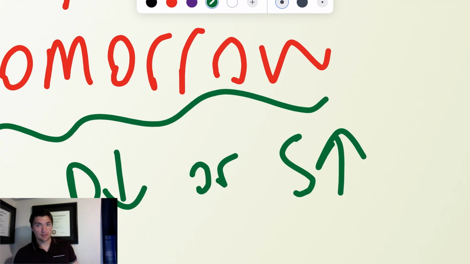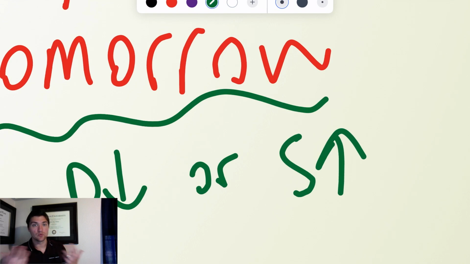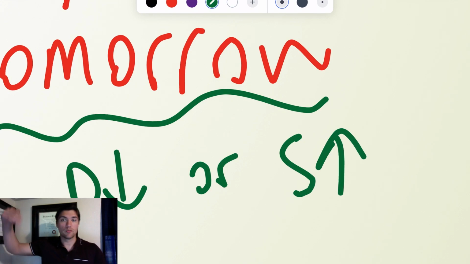So I like to make it simple. Are you going to the bank more to put your money in, or are you going more to the bank to pull money out? That's really going to help you out in terms of making these decisions. So if your income goes up and you're trying to save more money, that's going to be an increase in supply.